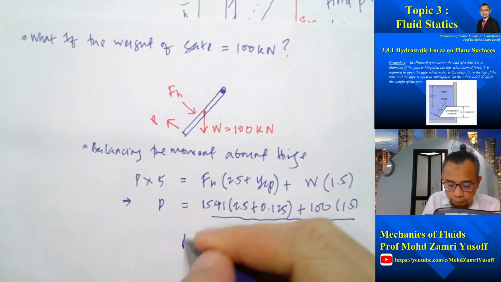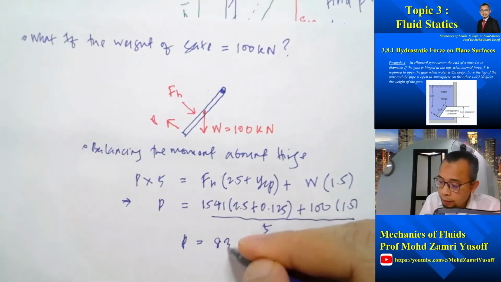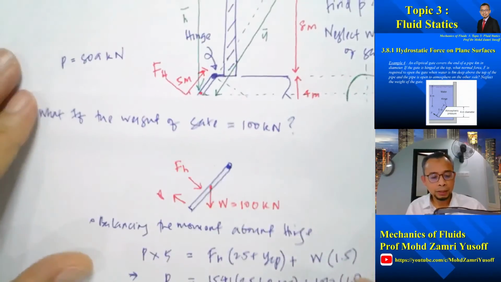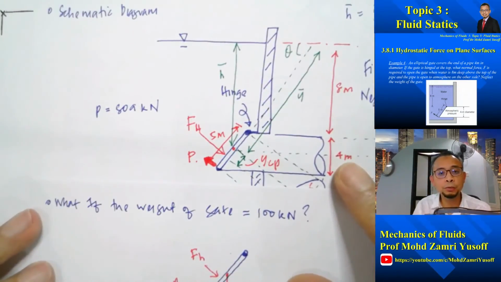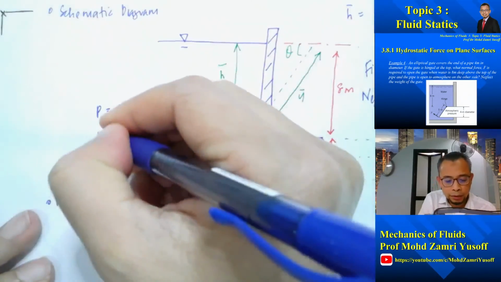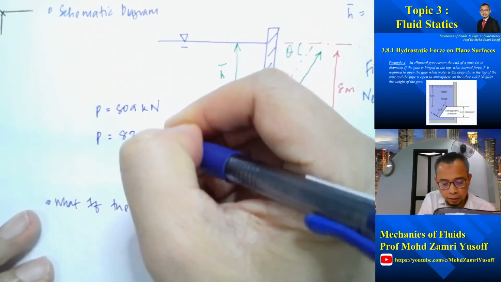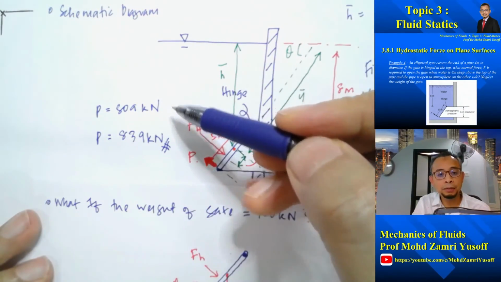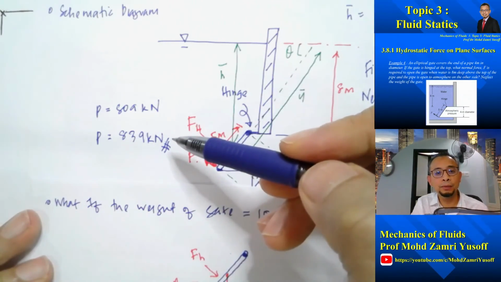So that gave us P equal to 839 kilonewton. So you can see that if the weight is non-negligible and is equal to 100 kilonewton, P is slightly higher, at 839 kilonewton. This one is if the weight is negligible. This one is if the weight of the gate is equal to 100 kilonewton.